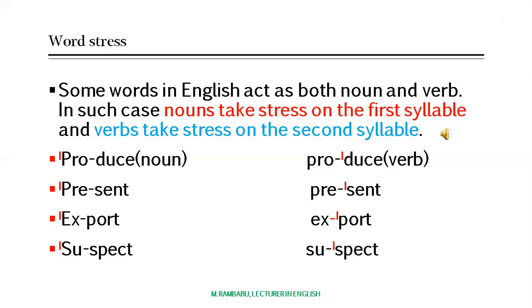It acts as both noun and verb. But how can we identify whether it is a noun or a verb? By pronunciation. With the help of stress marking only. Produce, noun. It takes stress on the first syllable.